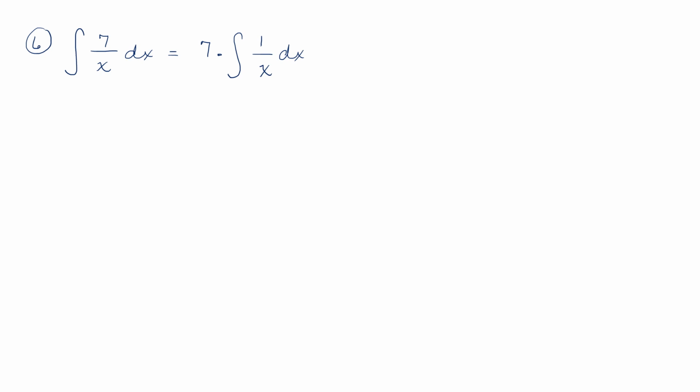And 1 over x dx is our natural log. So that's going to become 7 times the natural log of the absolute value of x plus c. Make sure to use your absolute value symbols there.